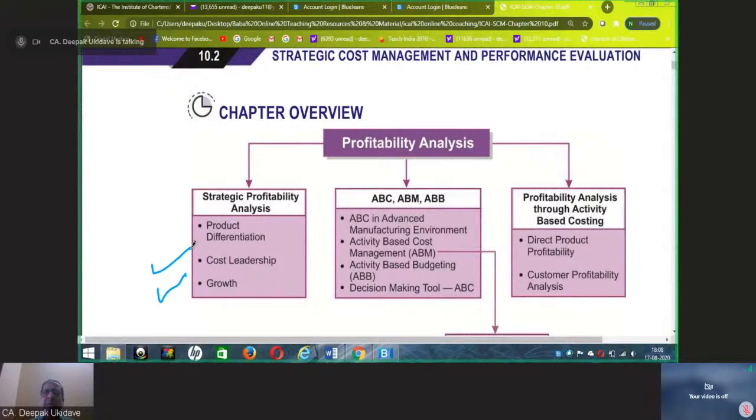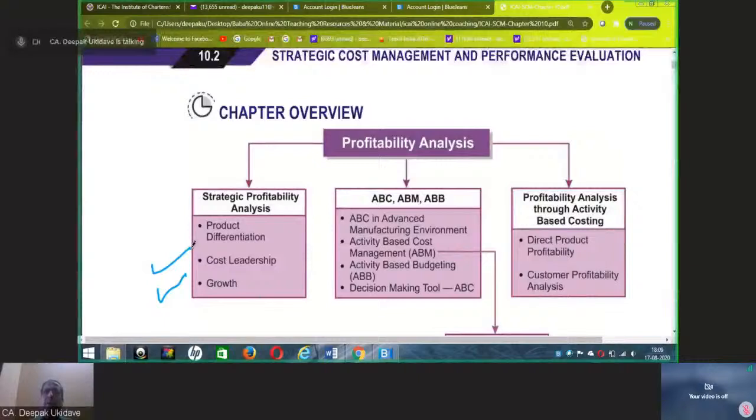Cost leadership means having competitive advantage over the competitors in terms of cost. If a competitor is producing the goods at a certain cost, the cost of production of our company should be marginally lower than the competitor's cost structure. That is what cost leadership is.